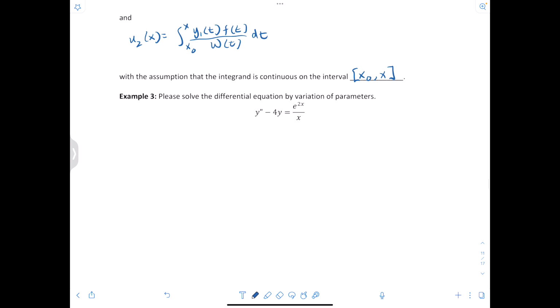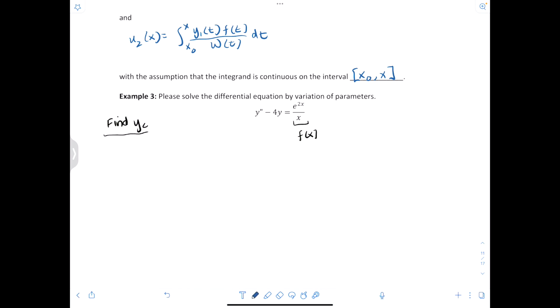So this third example, let's go ahead and take a look at it. Fortunately, this is our f of x, so we don't have to find it. So let's find yc.